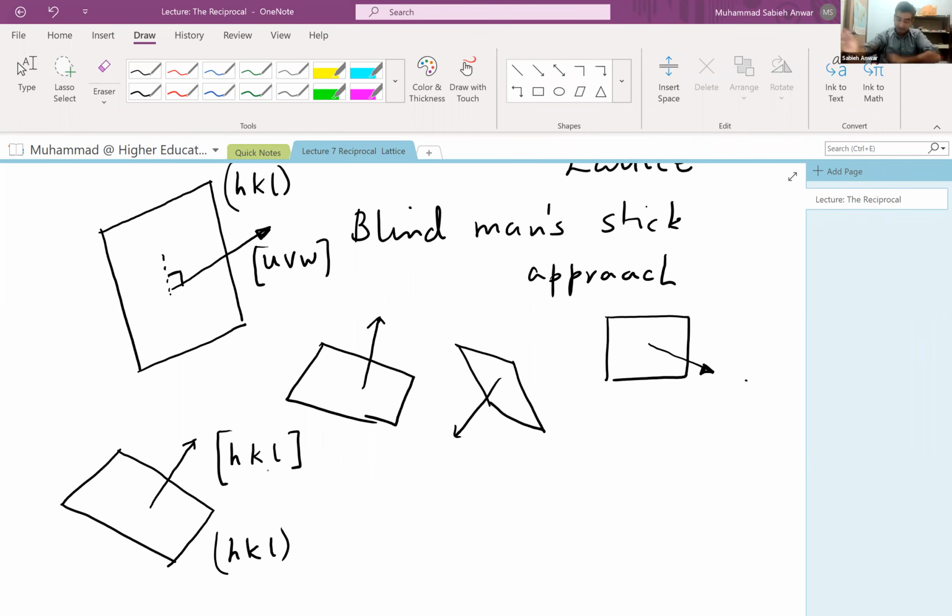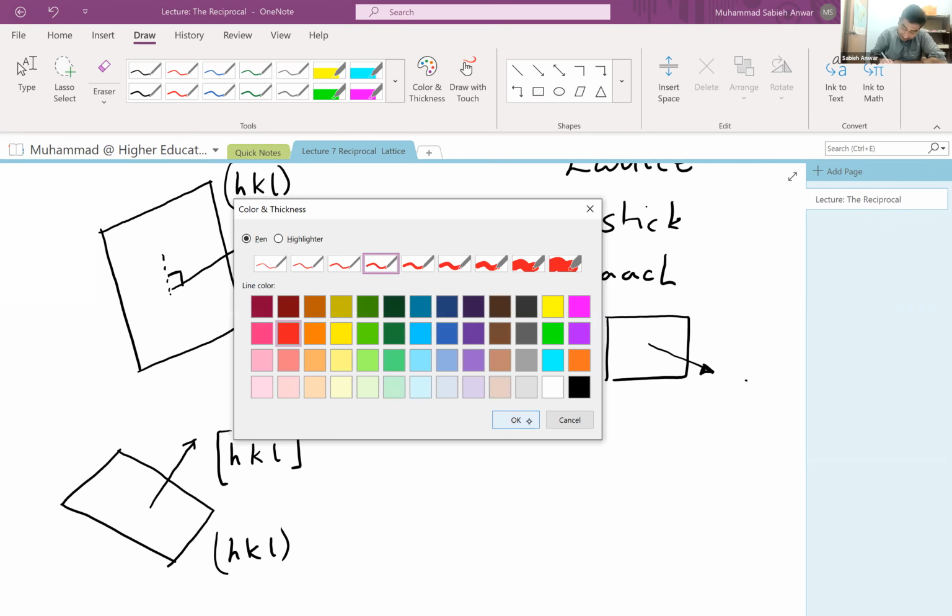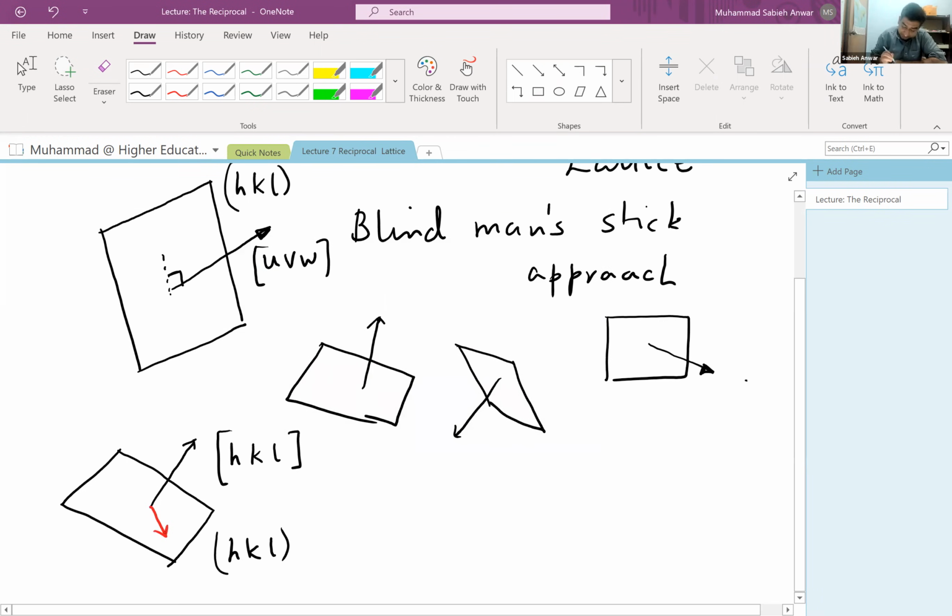And how do I know that? Suppose I draw another vector inside my plane of interest. This is the red vector here. Suppose its coordinates are u1, v1, w1. These are the indices of the new vector that I've drawn, and I propose that the vector that I need to find, which is uvw, is normal to u1, v1, w1.